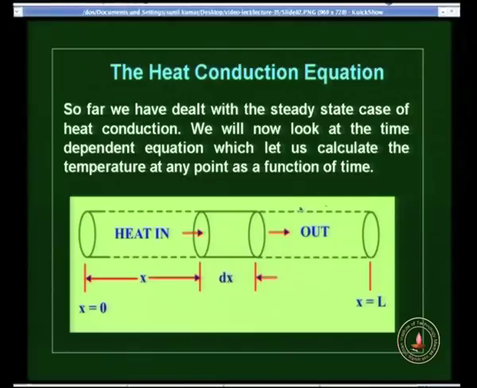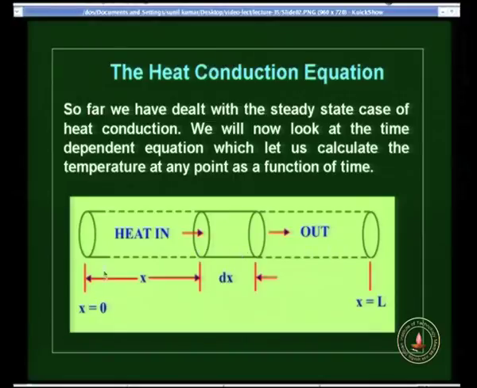I assume this to be a very thin rod, so that across the cross section we can assume the temperature to be uniform, and let us say it is insulated all over its length. So what is exposed is only the two boundaries, and the two boundaries are kept at two different temperatures, and we want to know what will be the temperature distribution along the length of this rod as a function of time.